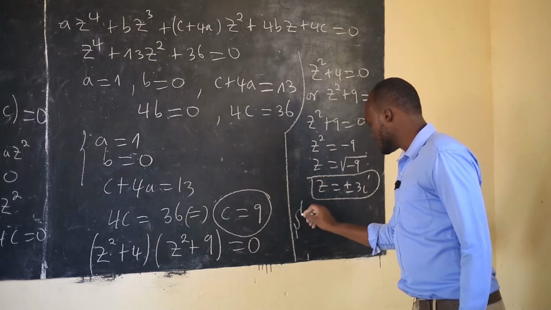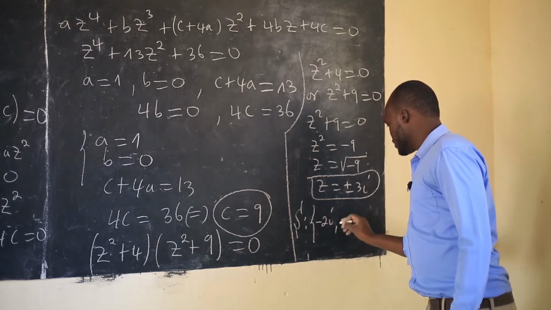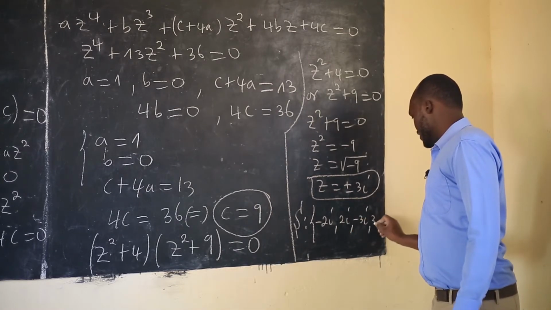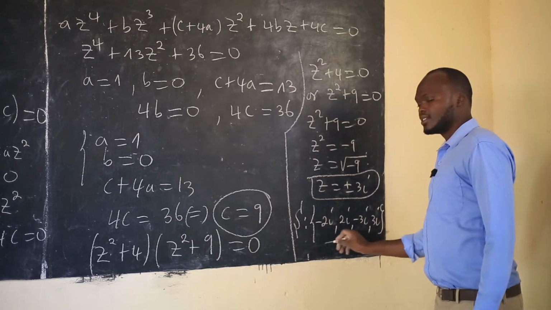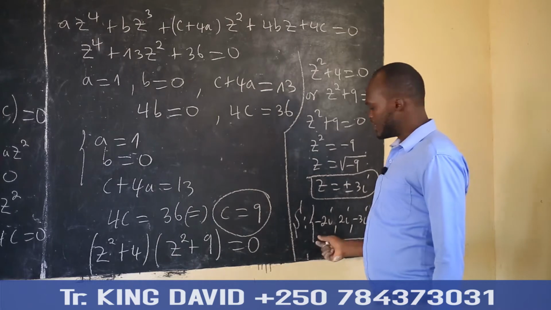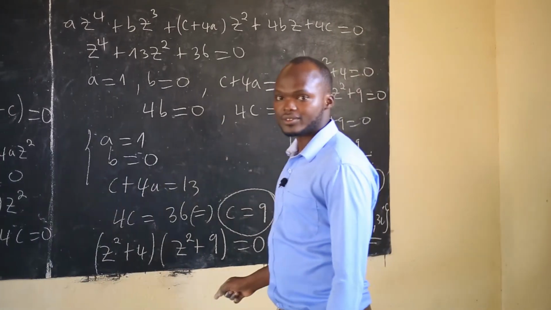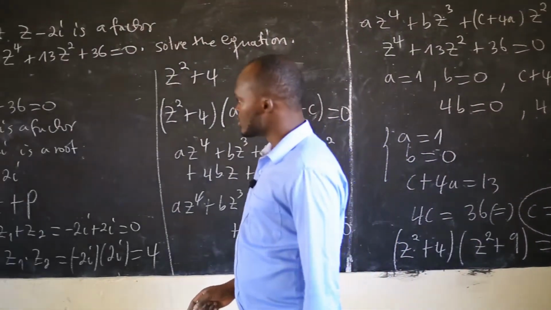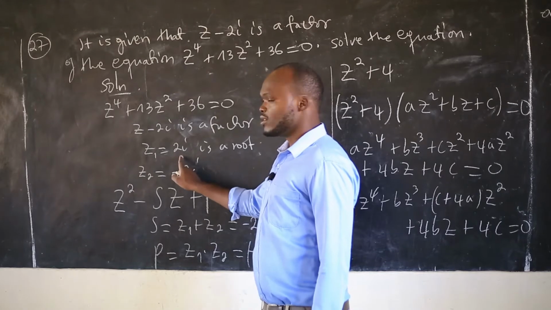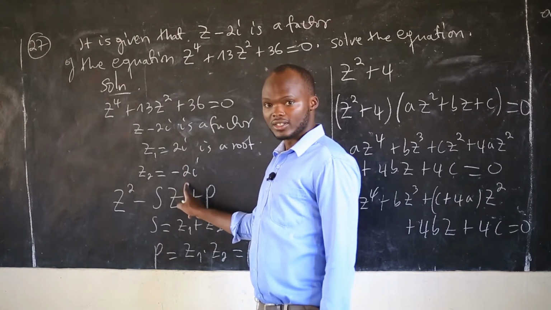Our set will be equal to negative 2i, 2i, negative 3i, and 3i. So this is our set. Remember, we were given one root, which is 2i, and I told you when you have a root which is a complex number, another root is its conjugate.